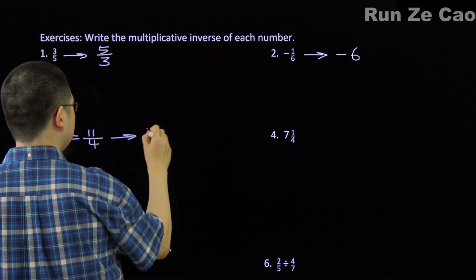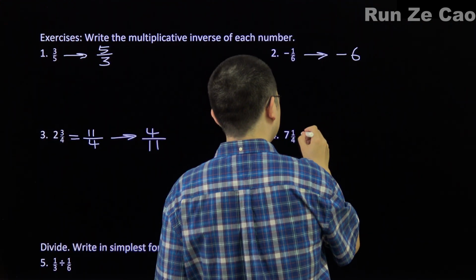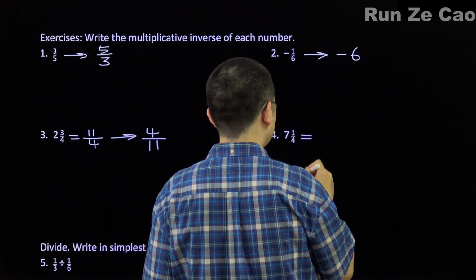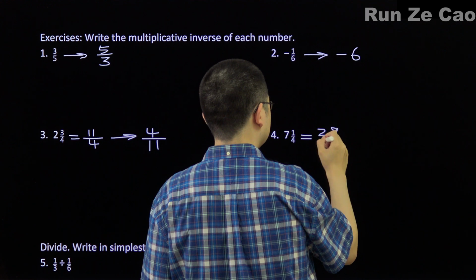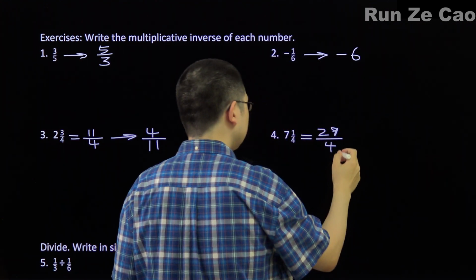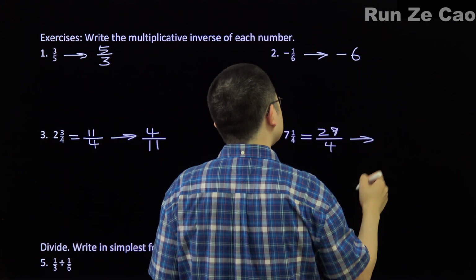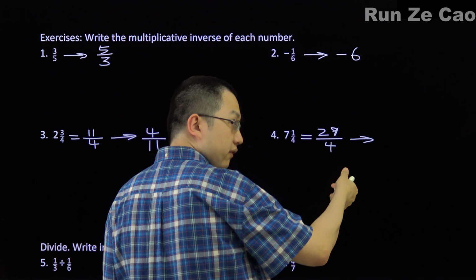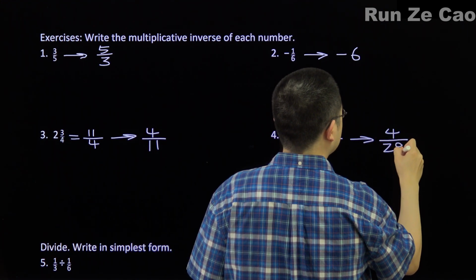And the reciprocal would be 4/11. 7 1/4, that's equal to 29/4. And if we take the reciprocal of this, we get 4/29.